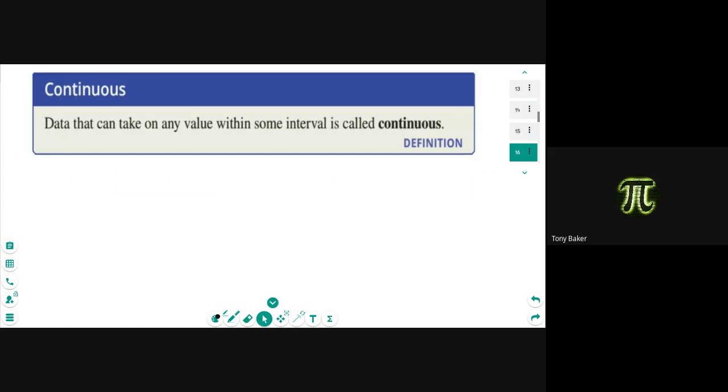Now, remember I said qualitative and quantitative. Quantitative you can do math on, qualitative you cannot. If it's qualitative, it can't be discrete or continuous because I can't do anything with it anyway. So data that is qualitative is neither. It is always neither. Qualitative data can't be discrete or continuous because it could be a name.